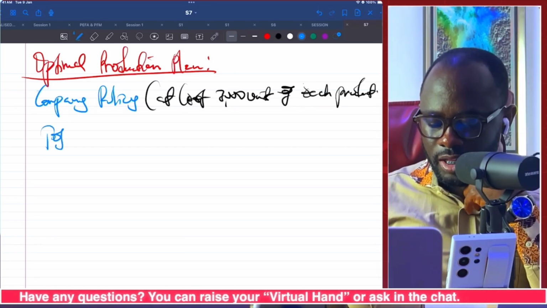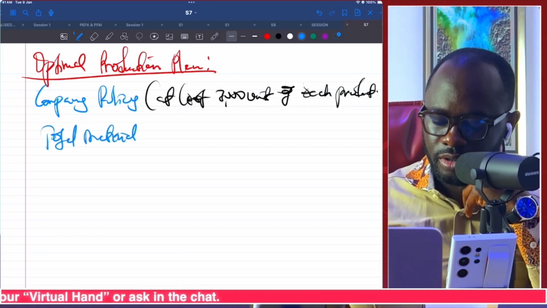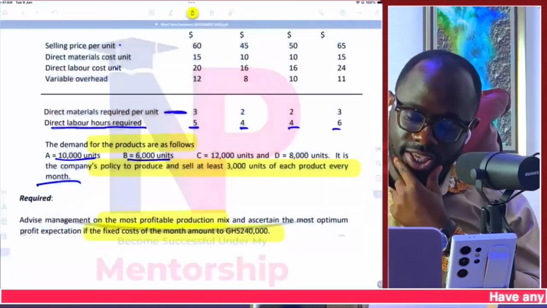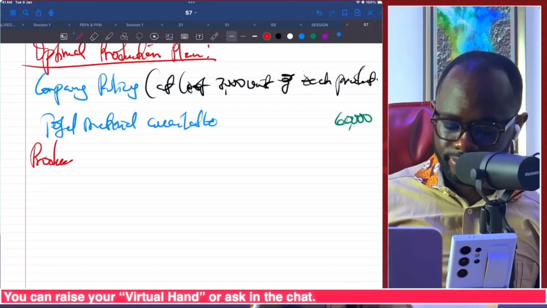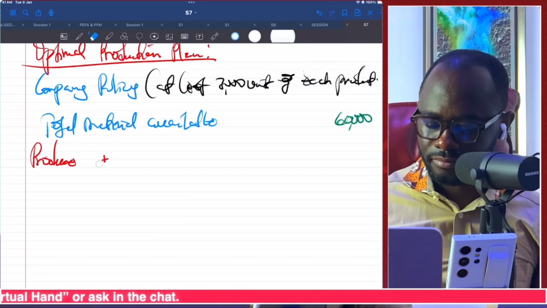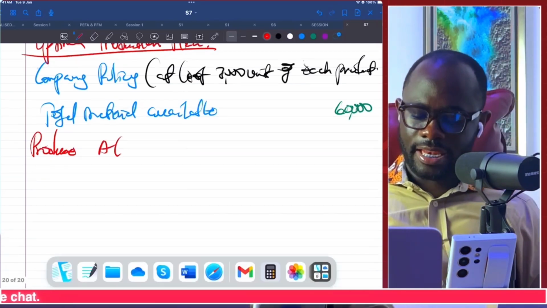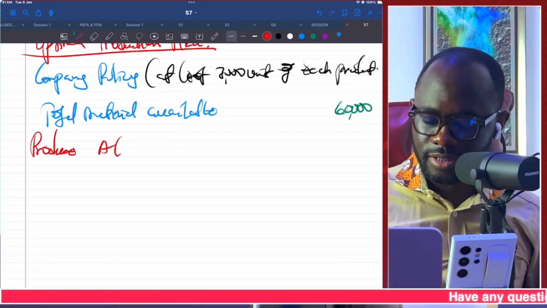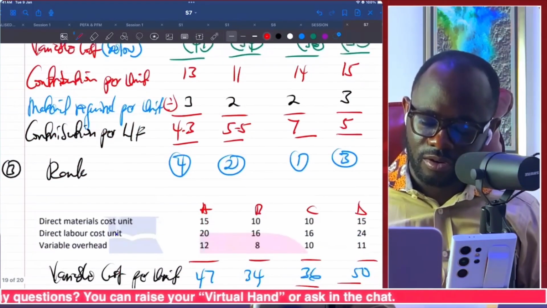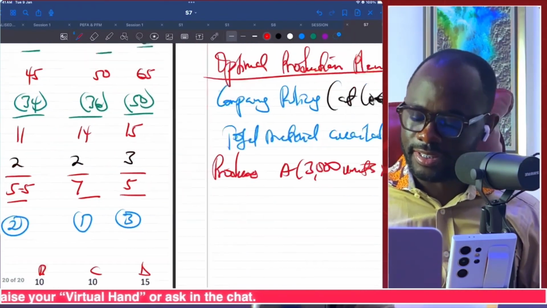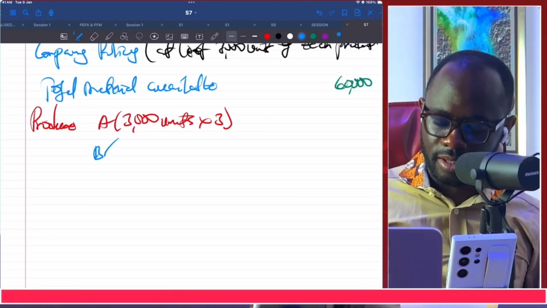So total materials available is 60,000. We produce A, 3,000 units. The units of material required per unit is 3 for A. B, 3,000 units.